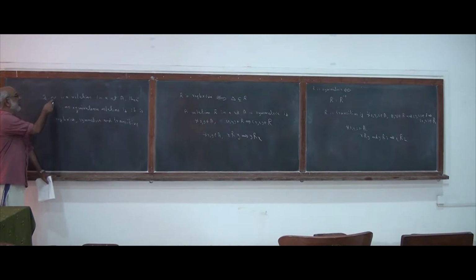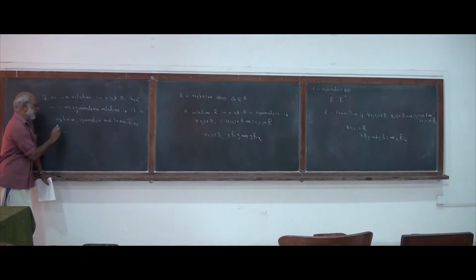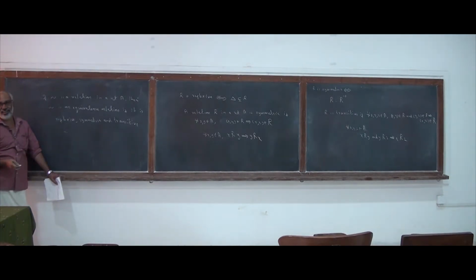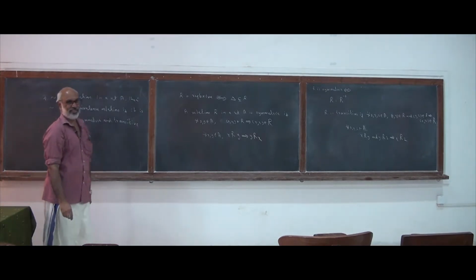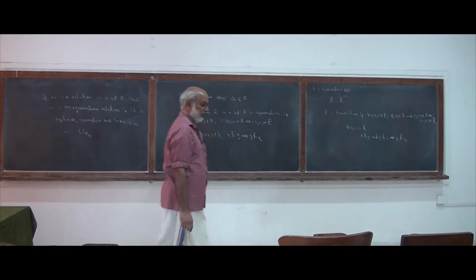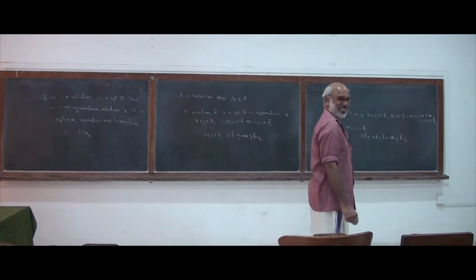I can write R itself here, just change the notation. Normally it is a practice to use the symbol tilde for equivalence relations. I think this symbol comes from the Spanish language.